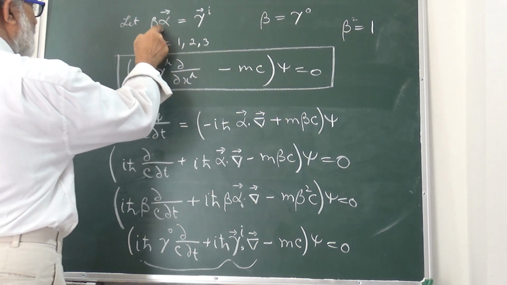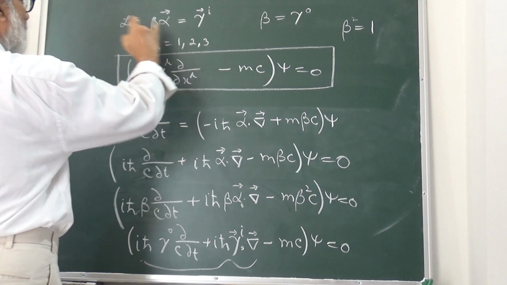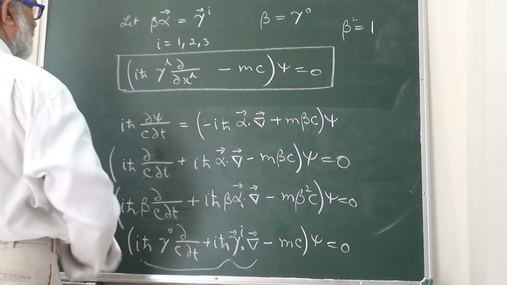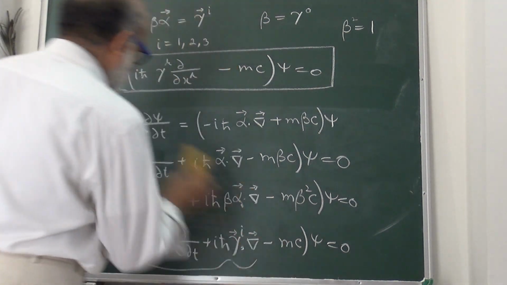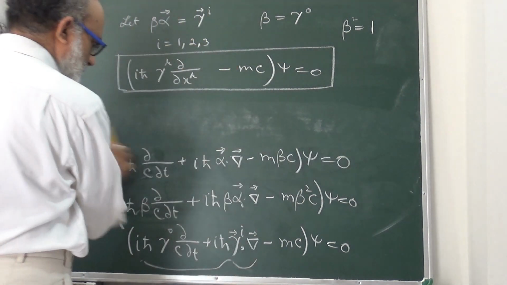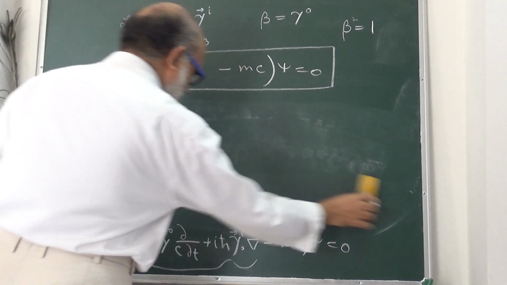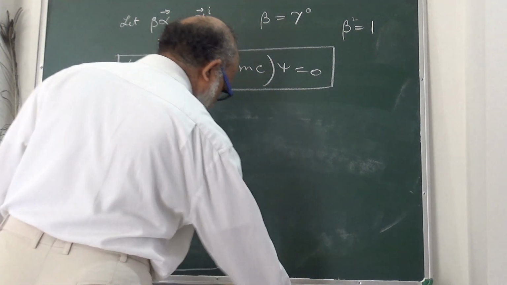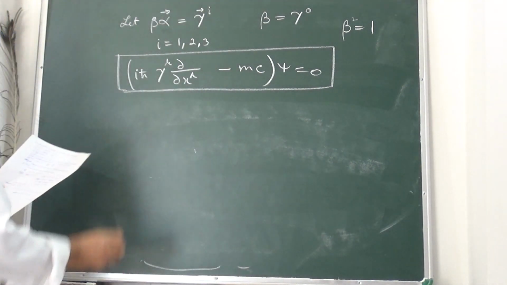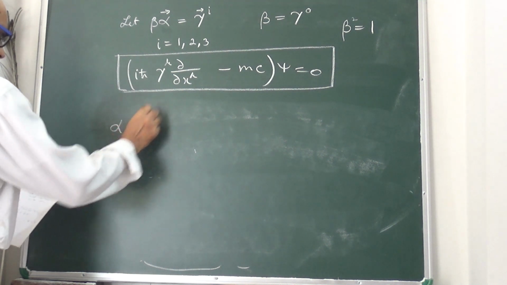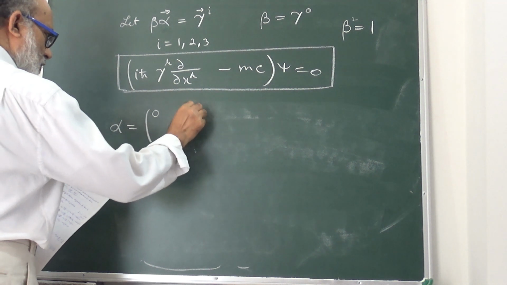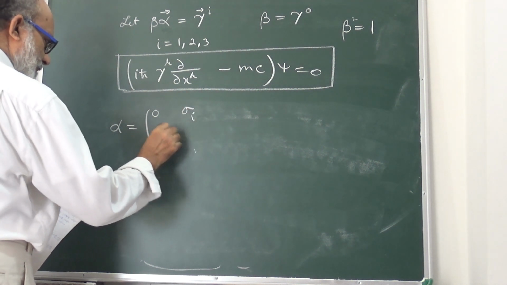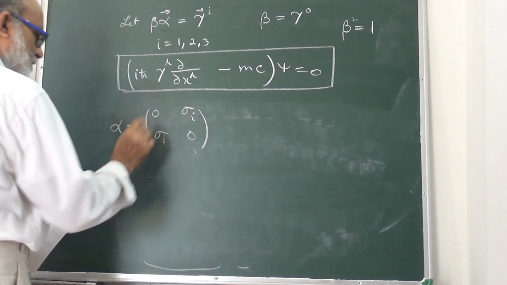Here, alpha is related to Pauli's spin matrices and beta is a 4 by 4 matrix. I will write it like this. Alpha is built from the Pauli spin matrices.